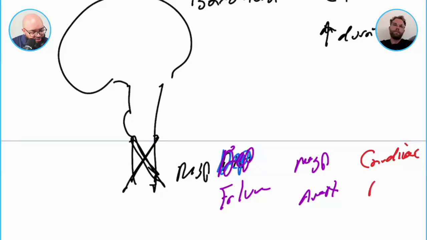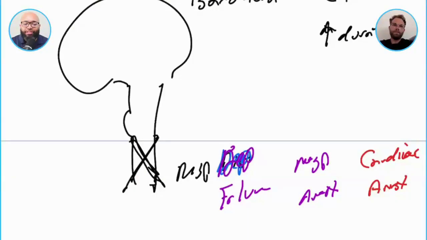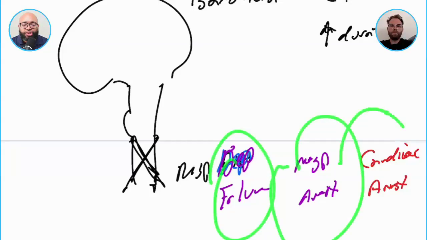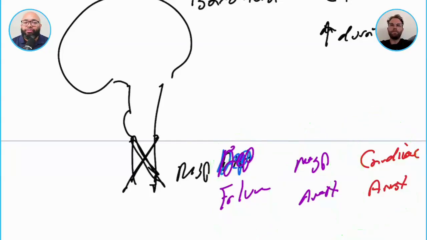You've seen this pattern before, right? This is why when you give any benzo, you need to be prepared for intubation, because you may cause respiratory failure, respiratory arrest, cardiac arrest. This is why every patient who gets sedated or medicated like this, you need to have them on the monitor. You need to have IV access. You need to already have your intubation supplies ready to go.